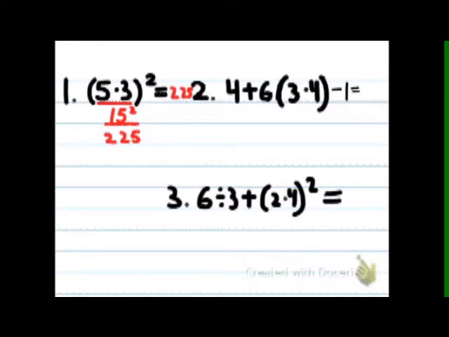So parentheses first, so 4 times 3 is 12. You bring everything else down. Now, usually parentheses means to multiply, so since there's no symbol here, we just add a multiplication sign.